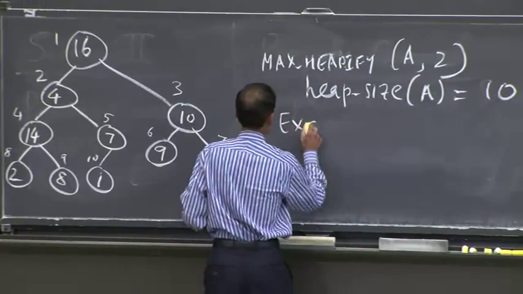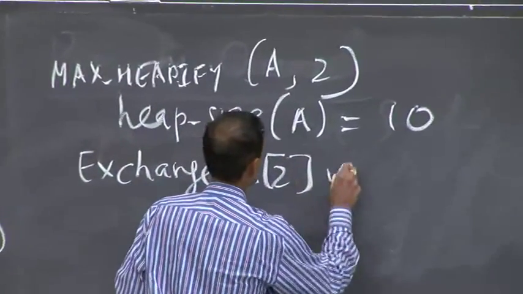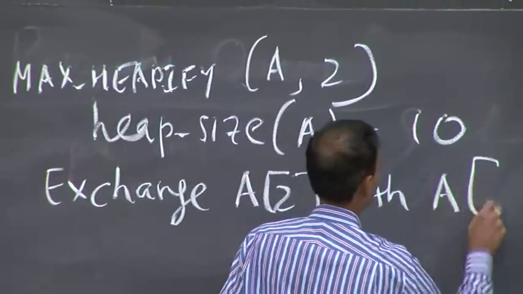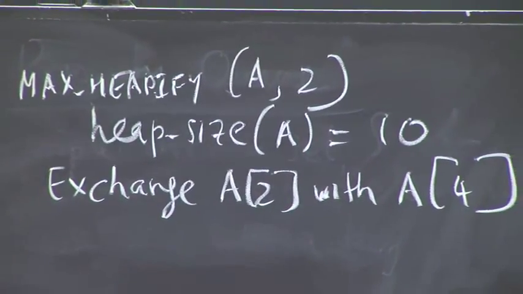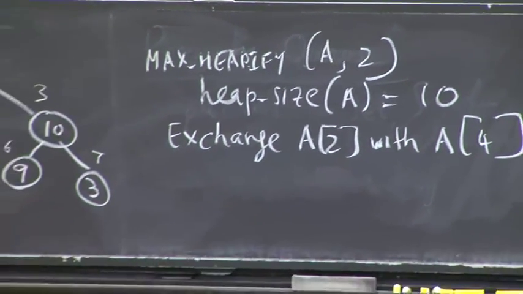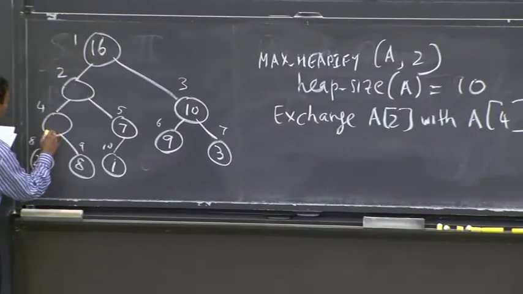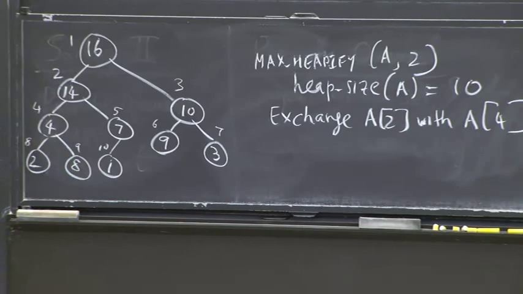So I'm going to exchange A2 with A4. And what that would do is take this, make this 4, and make this 14. And that would be step 1.